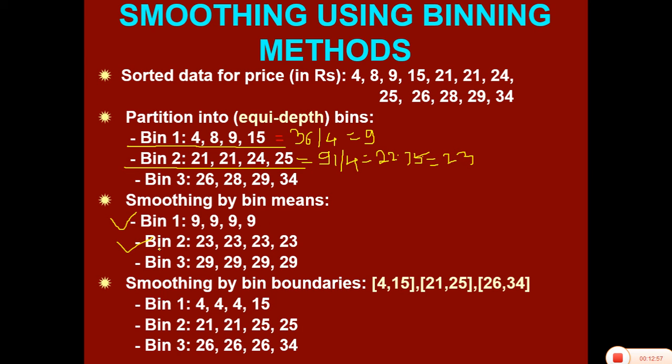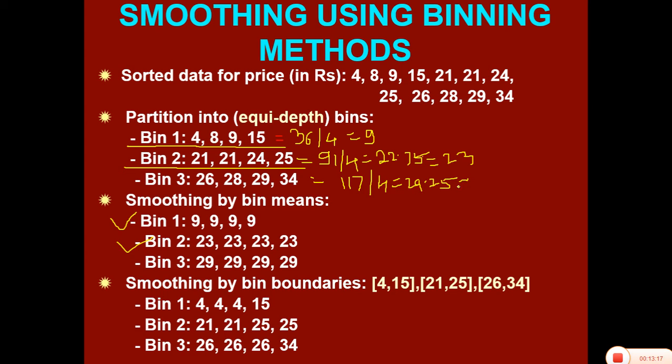And in the last bin, 26 plus 28, 54, 54 plus 29, it will be 83, and 83 plus 34, that is 117, 117 divided by 4, the value will be 29.25.